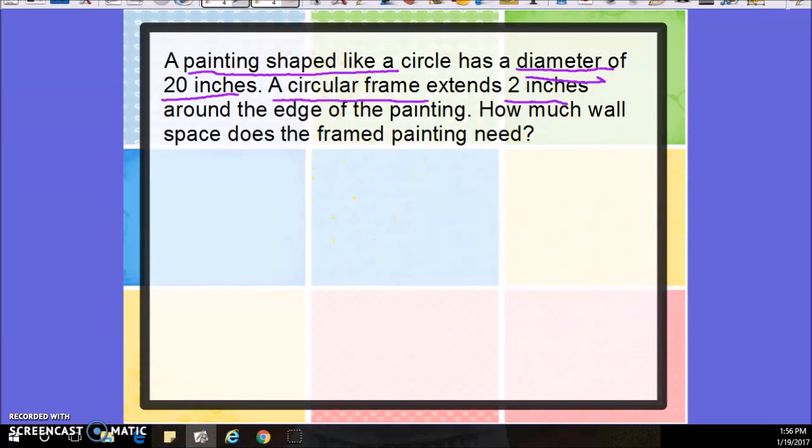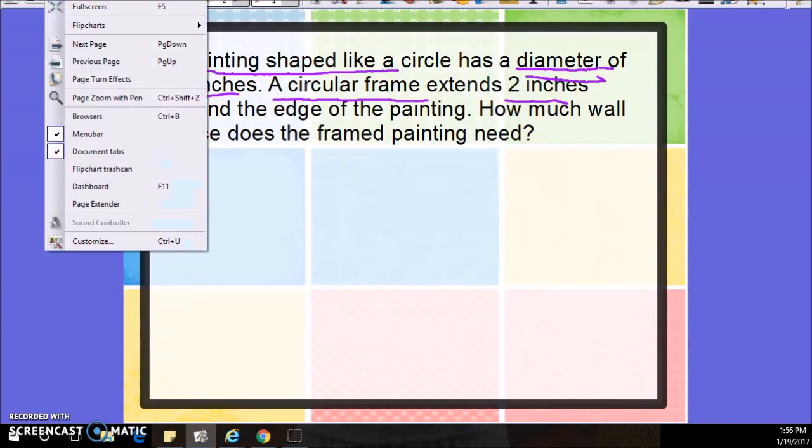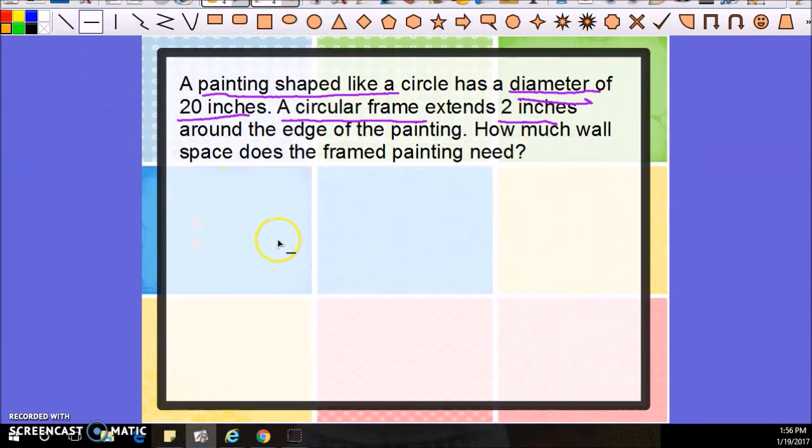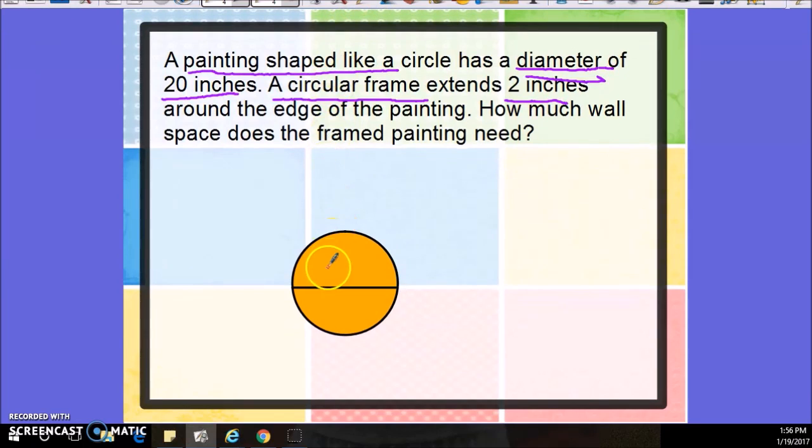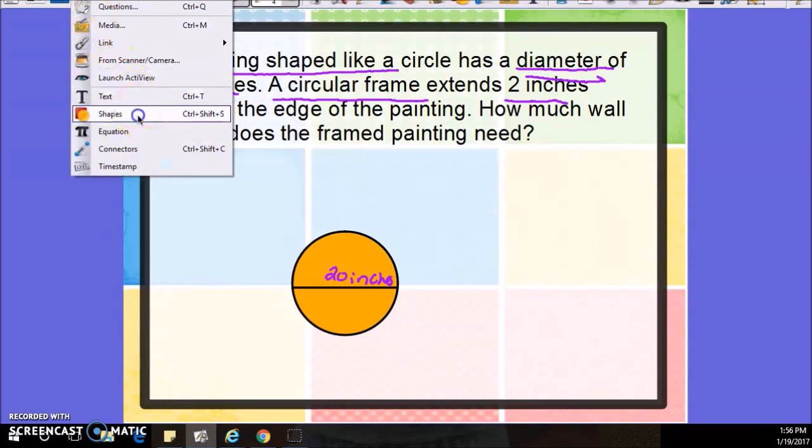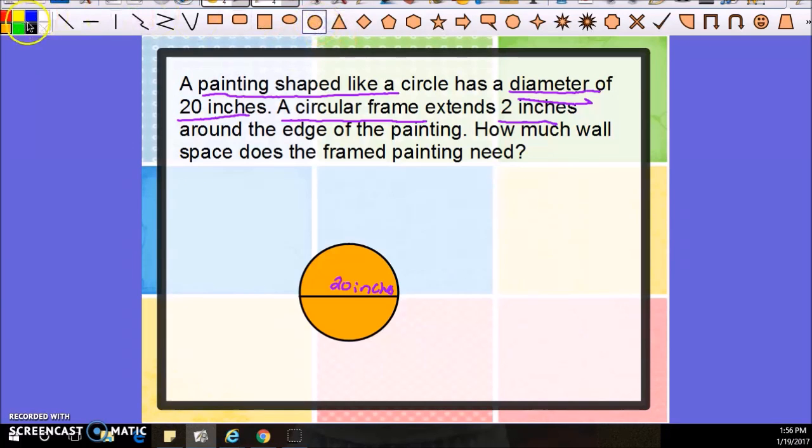So go ahead and put a circle up here. This is the painting. What's the diameter? 20 inches. And that's the full length, right? But then it has a frame around it, and I'm going to put it behind it.